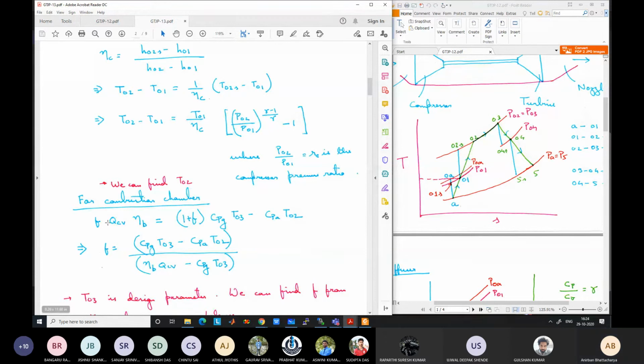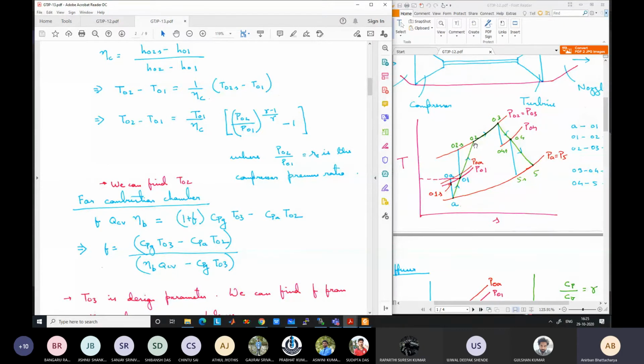This equation should be very familiar to you because you have learned it for the exam. From this we can calculate F. If you take all the terms with F to one side, you get F is equal to Cpg into T03 minus Cpa into T02, divided by eta B QCV minus Cpg into T03. All the terms are known here. T03 is the turbine inlet temperature, which is known. Cpg and Cpa are known parameters.